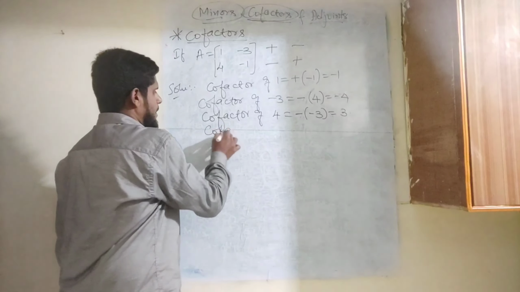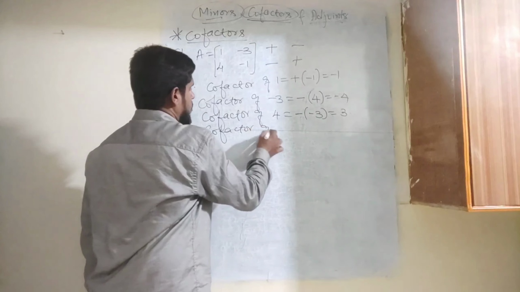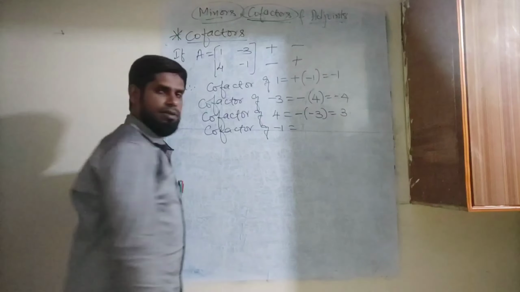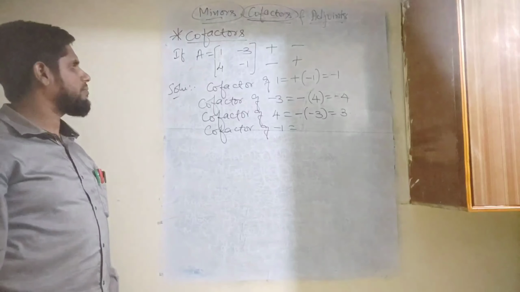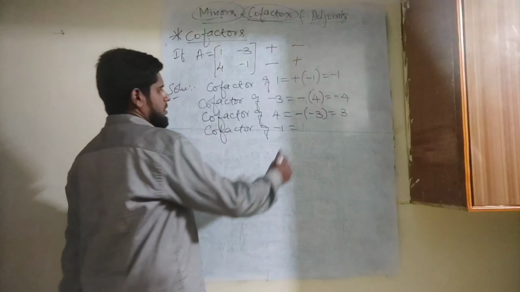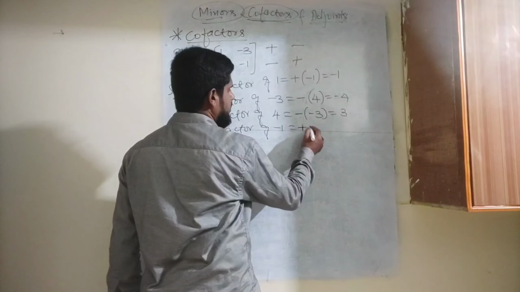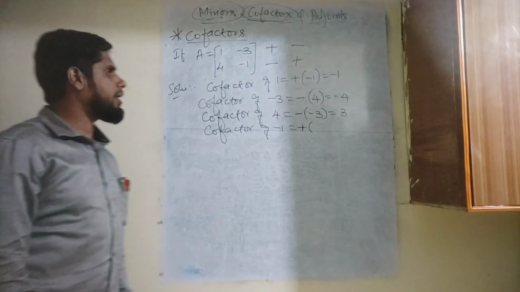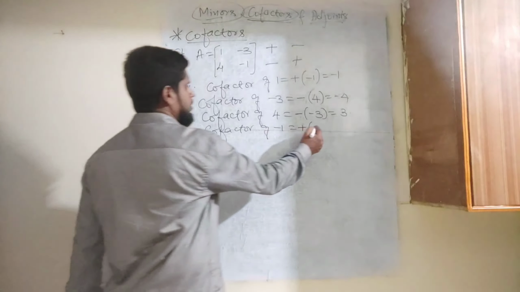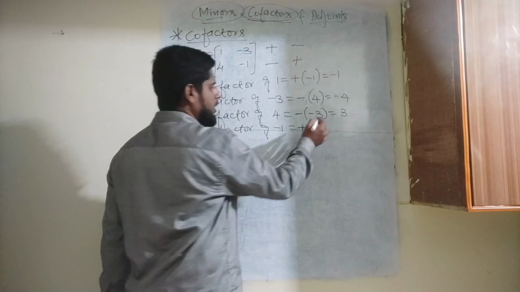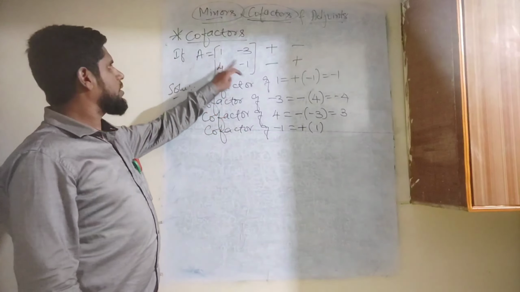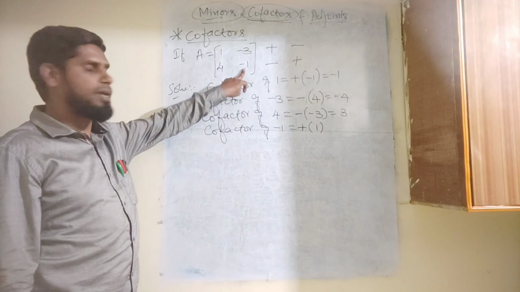Next is cofactor of -1. Its hidden sign is plus. After eliminating the row and column, you get 1 as the minor of this -1.